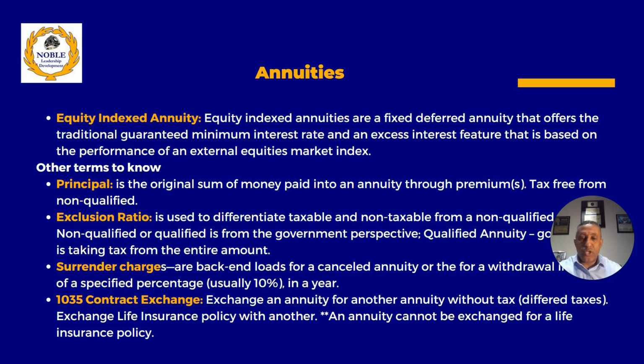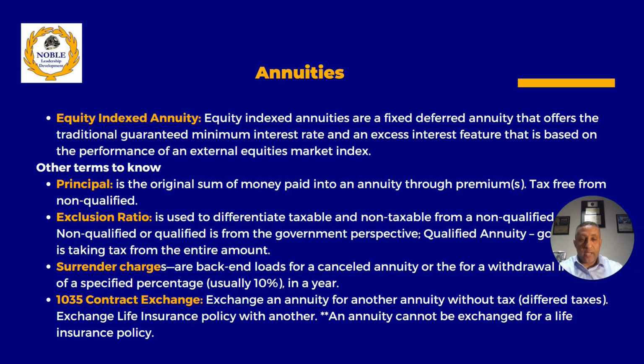A 1035 contract exchange happens if you want to move an annuity to another annuity, right? A 1035. Life insurance to another life insurance, right? 1035. So you can do that. Life insurance to an annuity, you can do that, but you cannot do an annuity into life insurance, because an annuity is a taxable product, life insurance is not.